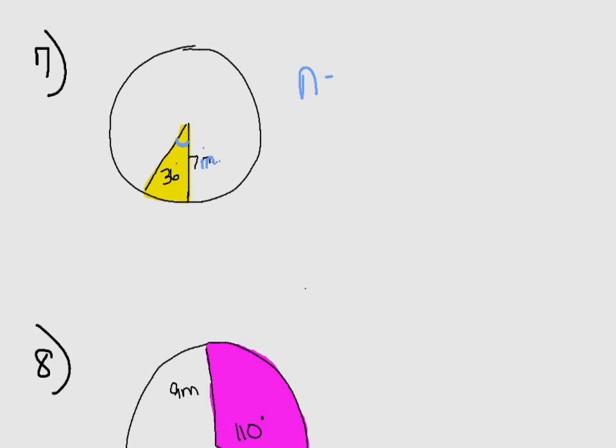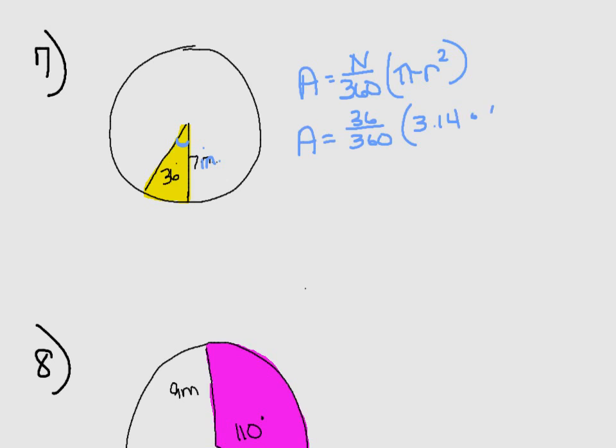The area of the sector equals n over 360 times pi r squared. Okay, let's go ahead and plug everything in that we already know. So area equals 36 over 360 times 3.14 times r squared, which would be 7 squared.